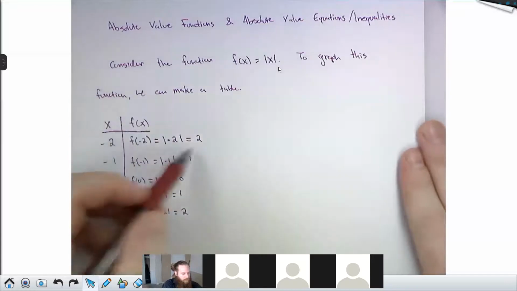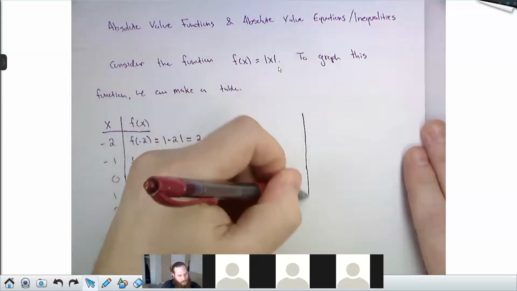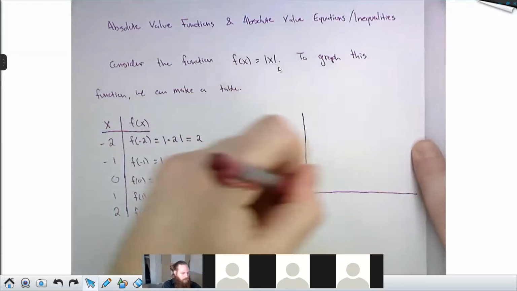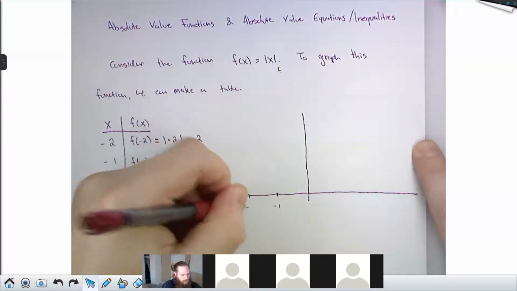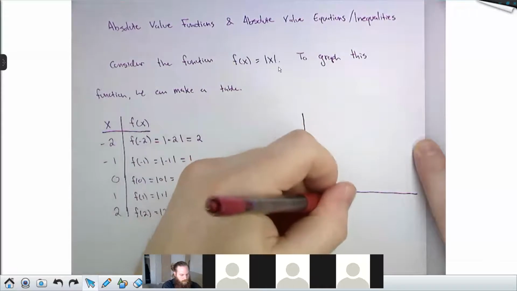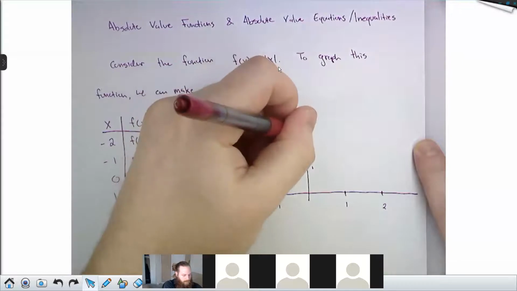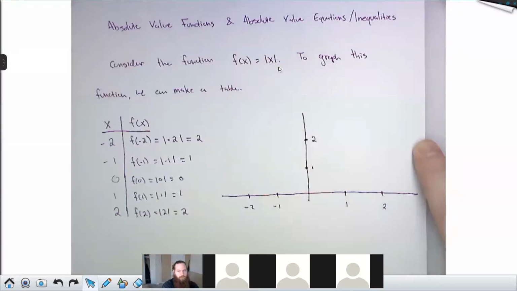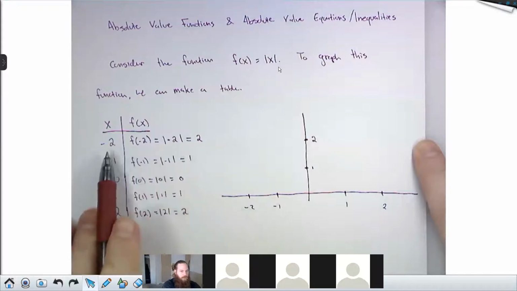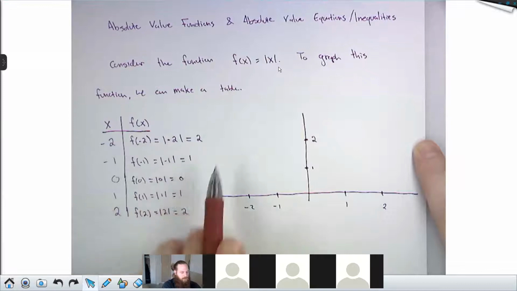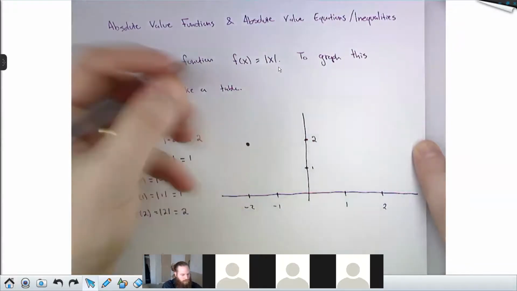But this tells me that the ordered pair -2, 2 is on the graph. Mark this as -1. This is -2. This is 1. Mark this as 2. And here on my y values, mark these as 1 and 2. So the first row of this table tells me that the ordered pair -2, 2 is on the graph. When x is -2, the y value, f of -2, is +2.